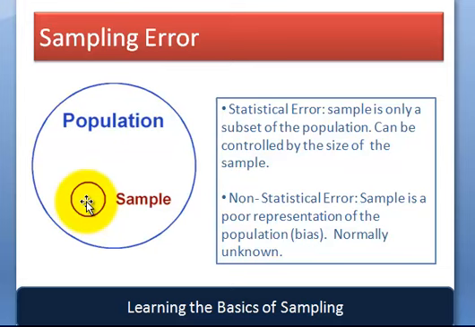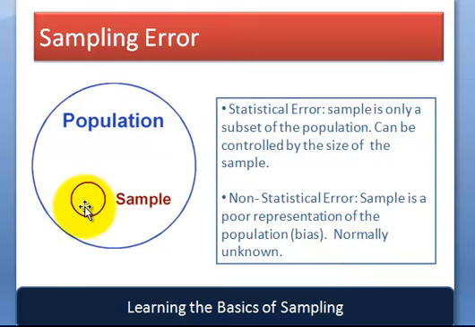We're only surveying a sample. So statistically, we can calculate how much error we have by the fact that we're only surveying or asking a small subset of the population. This we have some control over because if we expand our sample size, we're going to have less and less statistical error.